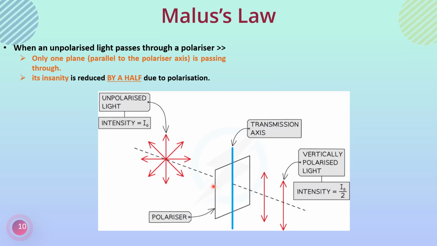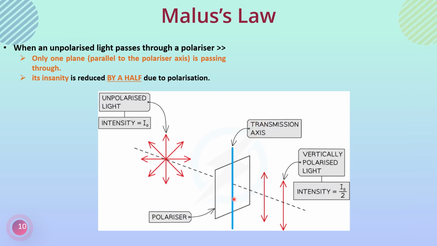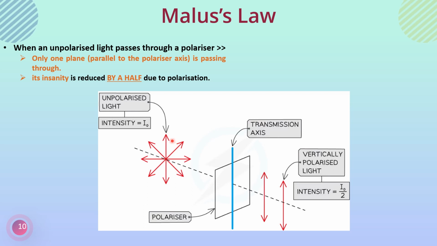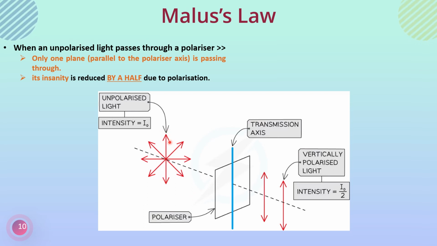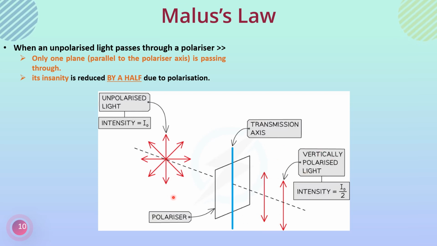When it gets through this polarizer, first of all, this is a vertical polarizer, right? Because the transmission axis is vertical. I'm expecting that the only one that will get through is the vertical axis because it is parallel to this transmission axis. It will only allow one plane, and this is what happens here: vertically polarized light. The others are blocked out.